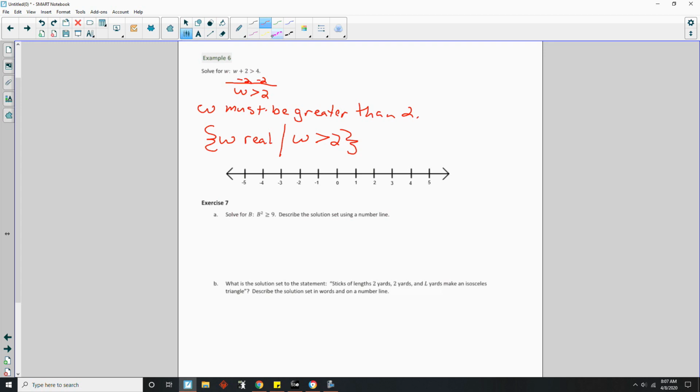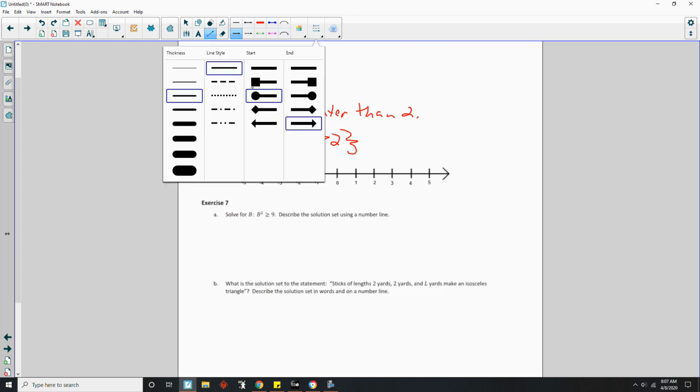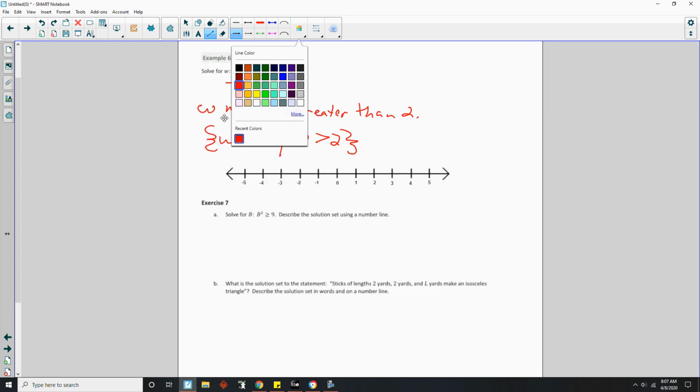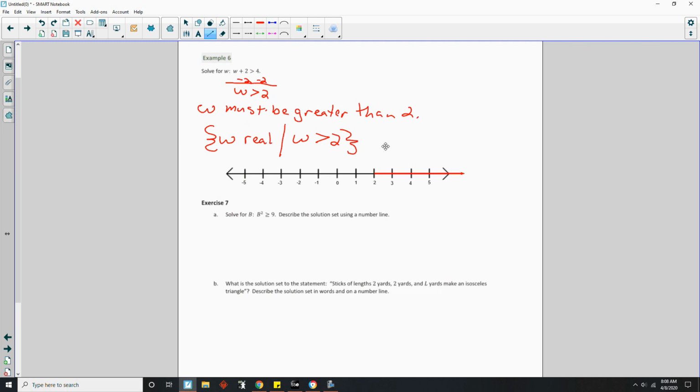And what I'm going to do is, the solution is w is greater than 2. So I'm going to draw a line going here, like so. The arrow's only going one way, and I want to also put a dot here that is open. Okay, so that is the set of all w such that w is greater than 2.